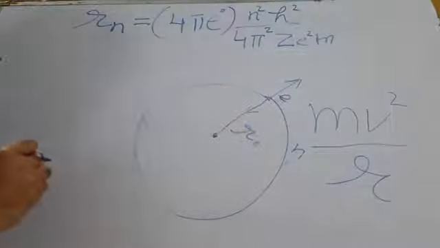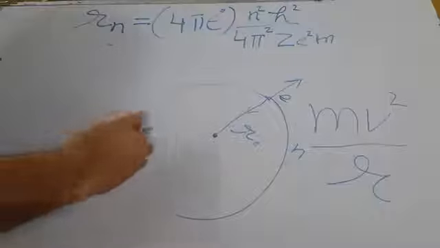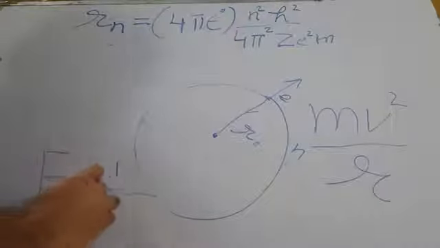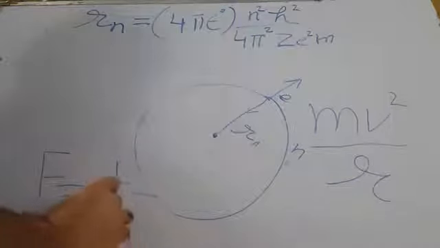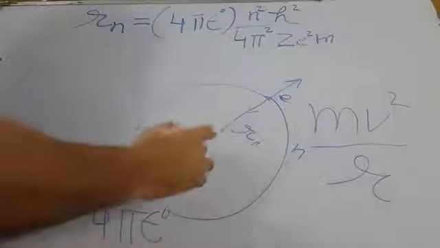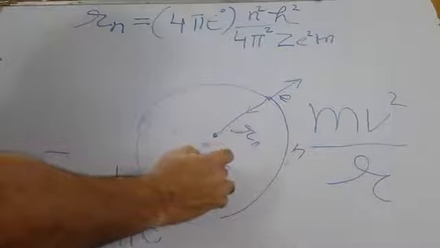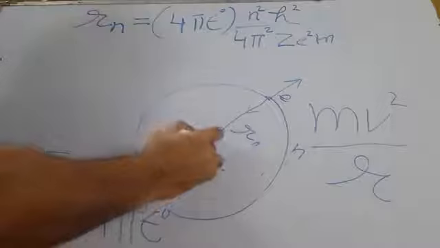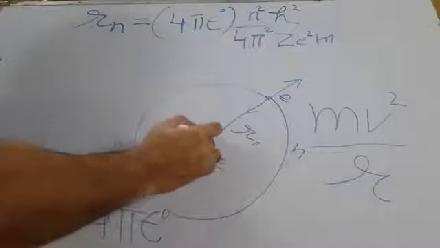Coulombic force, you know, is given by F is equal to K Q1 Q2 upon R square. Here K is 1 upon 4 pi epsilon 0, and Q1 is Z, where Z is the number of protons present, and e is the charge on one proton.